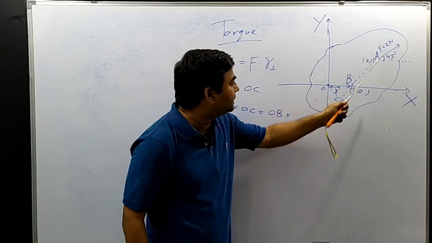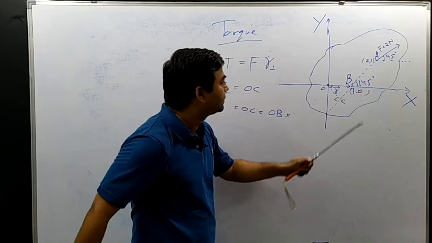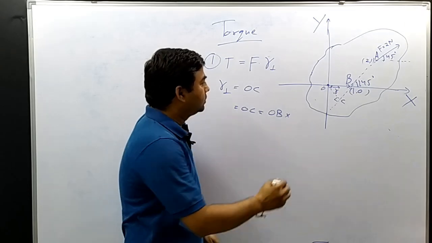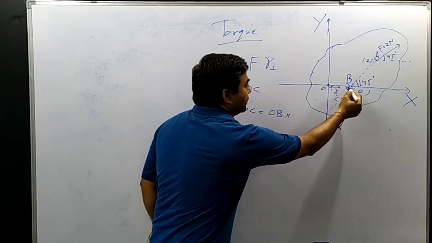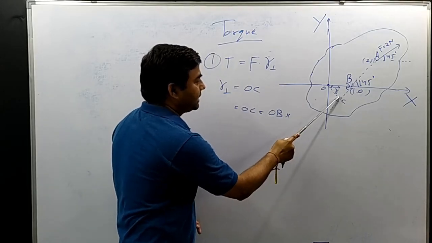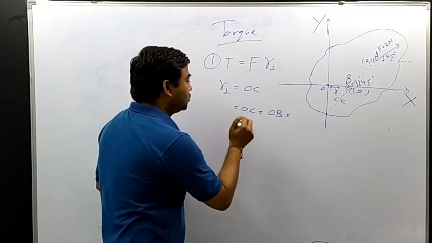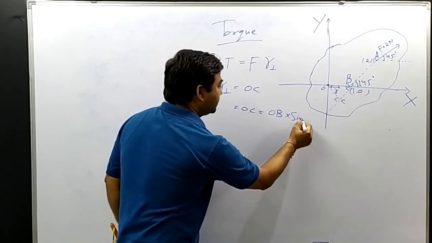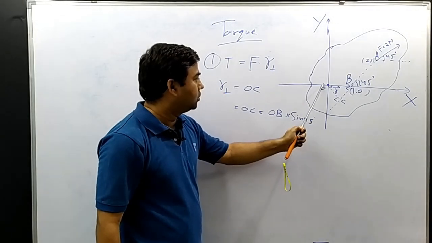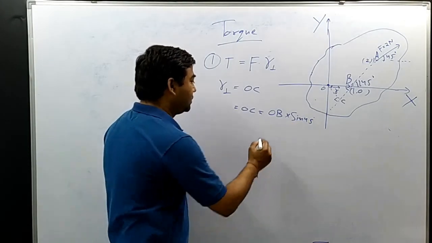This angle is 45 degrees, so this angle is also 45 degrees, hence this angle is 45 degrees. So both these angles are 45. This angle is 45 and this is 90, hence this angle is also 45 degrees. So OC is OB into sine 45 degrees.